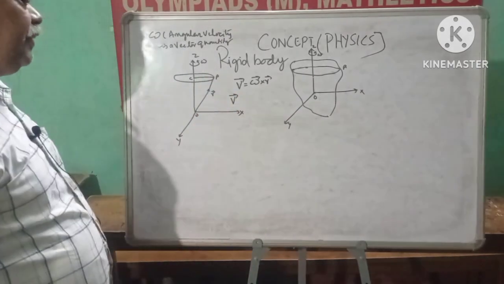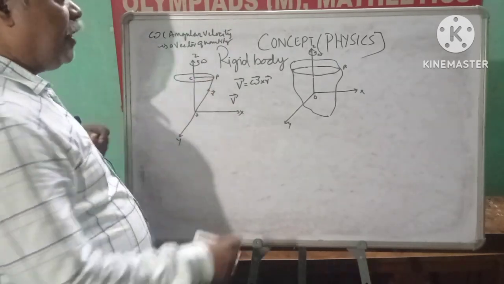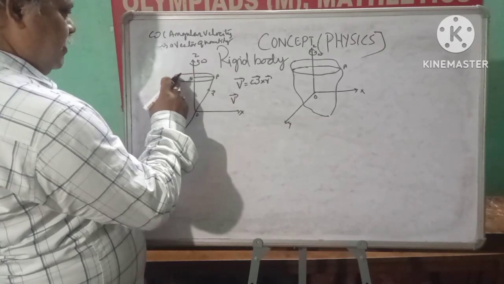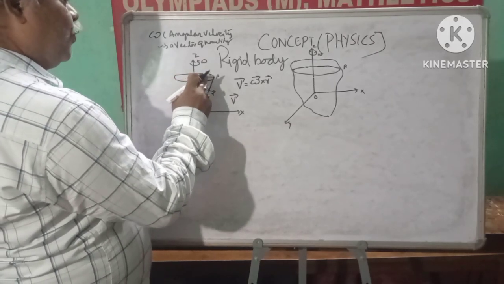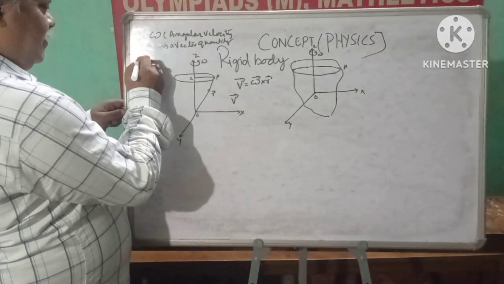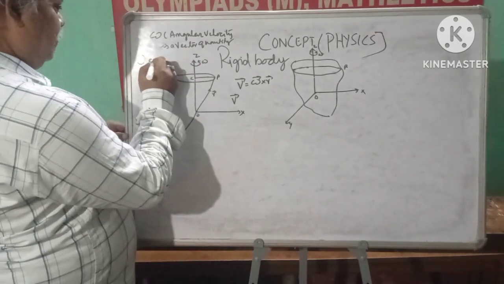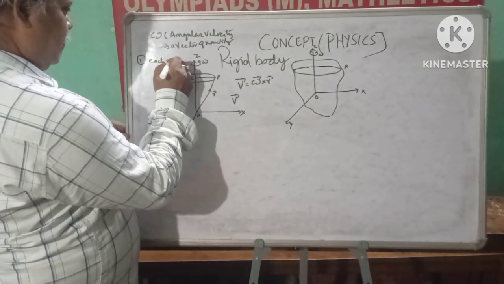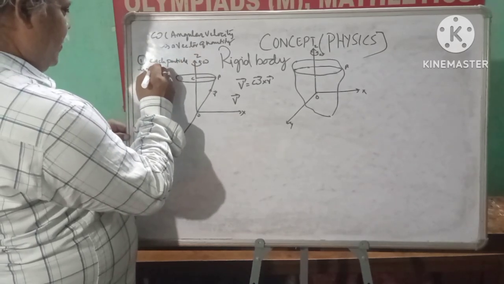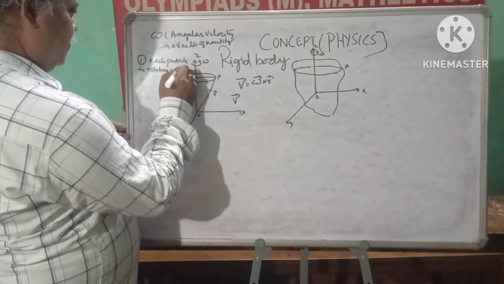And one more important thing is that each particle of this body is rotating with omega velocity, each particle. That is, the concept is that each particle is rotating with omega.